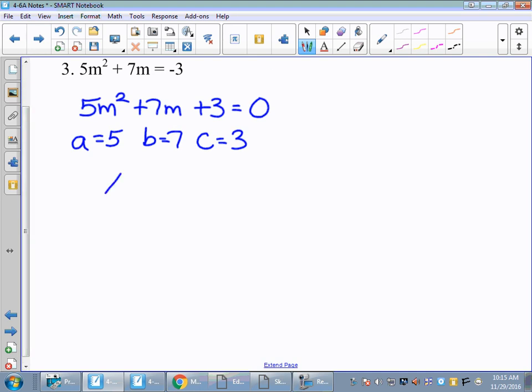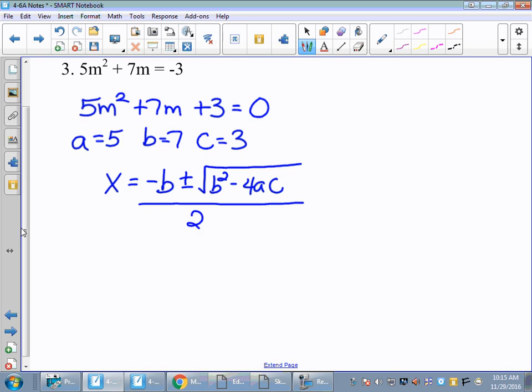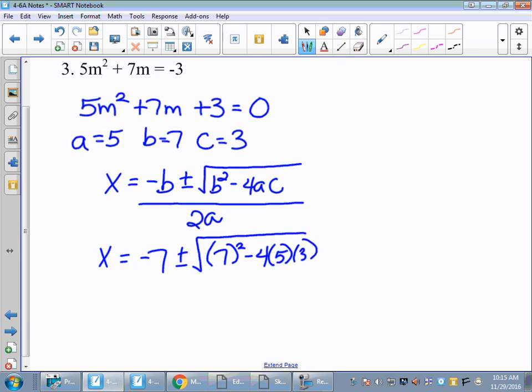Write down the formula. X equals negative b plus or minus the square root of b squared minus 4ac all over 2a. I know I said x. I really should have said m because of the variable, but it doesn't really matter. X equals, the opposite of b is negative 7 plus or minus the square root of 7 squared minus 4 times 5 times 3 all over 2 times 5.